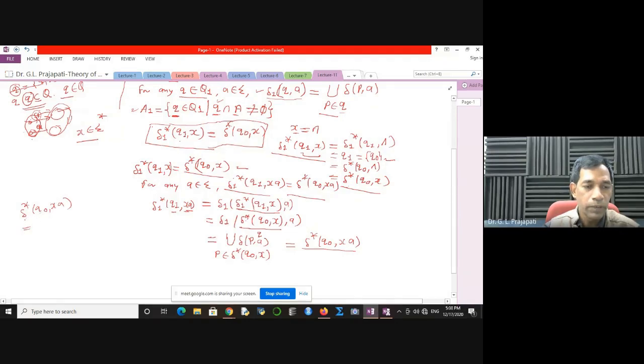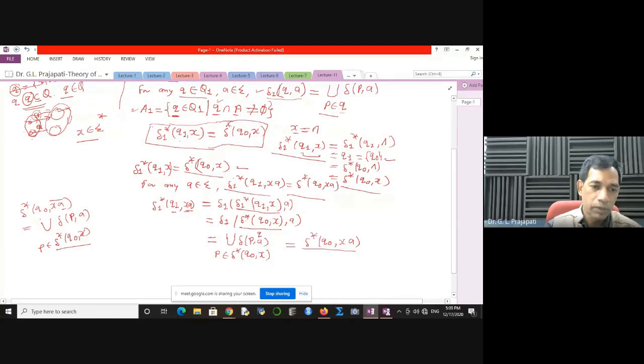Delta is the transition function of your NFA, and from Q0, if you are taking the string xA, you can go to some states P, where P belongs to delta star Q0 x. It means you first determine, on receiving the string x from Q0, which states your machine can go to, and from those states you take the input A, see where the machine goes, and then make the union.